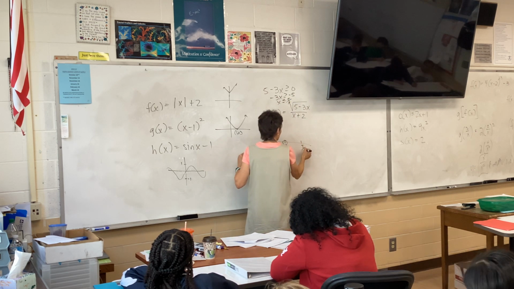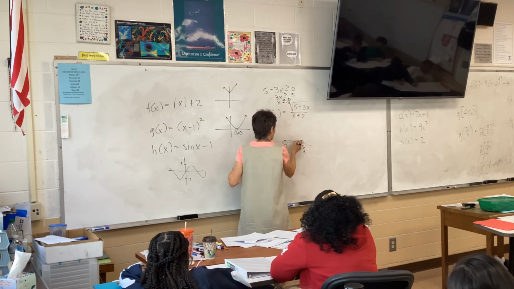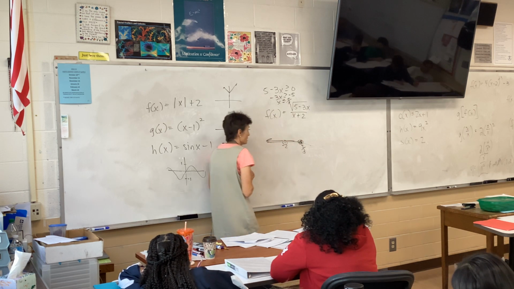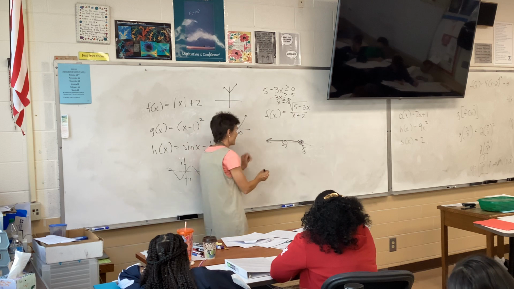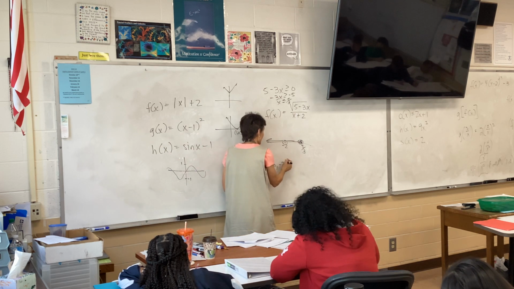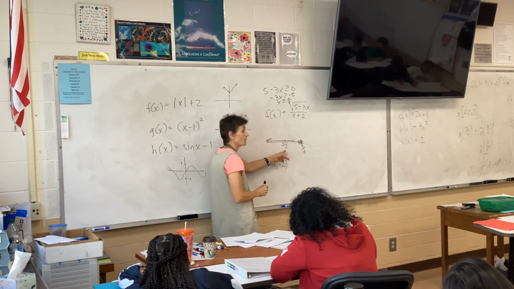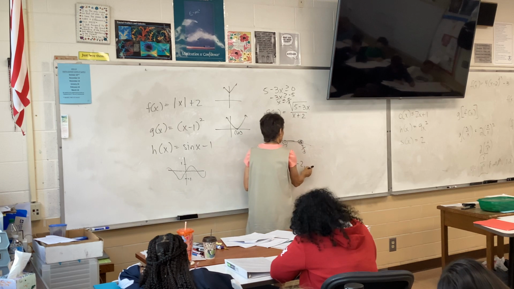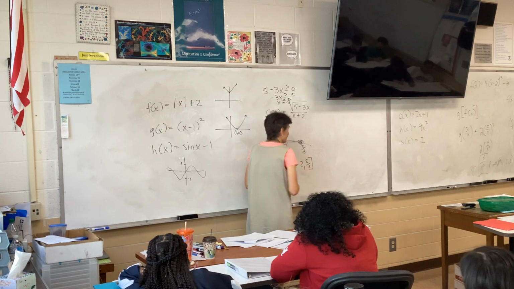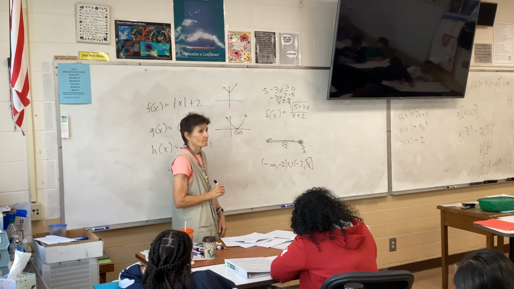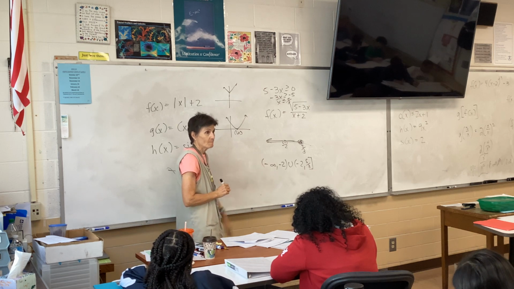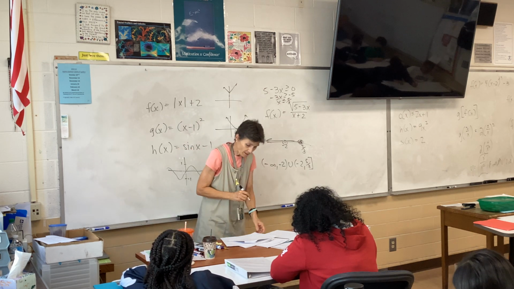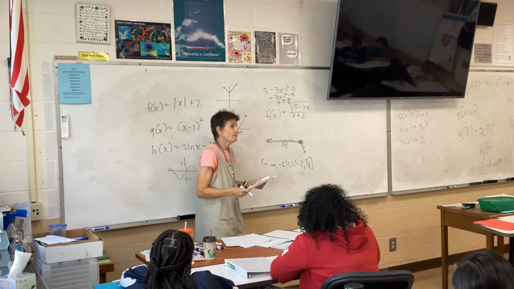So here's 5/3. So my domain will be everything from -infinity to -2, and then from -2 to 5/3. For that problem. Got it? Sorry about that confusion.